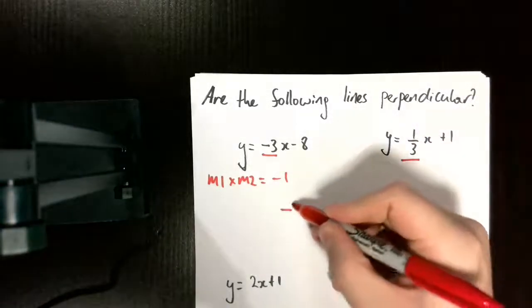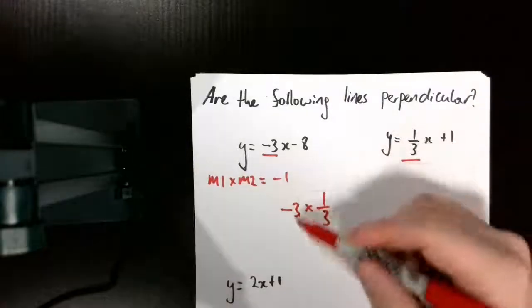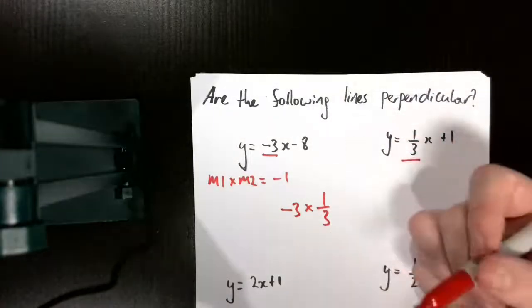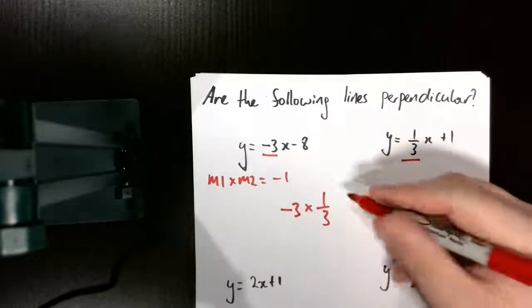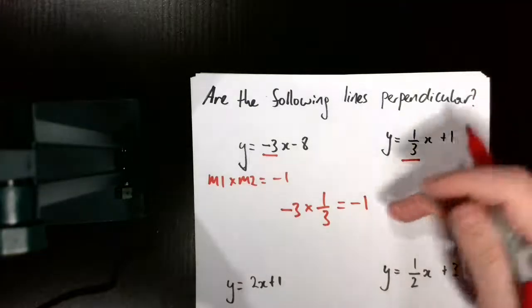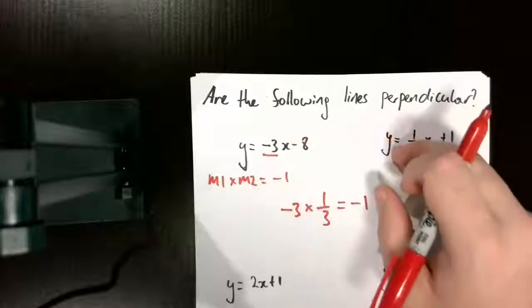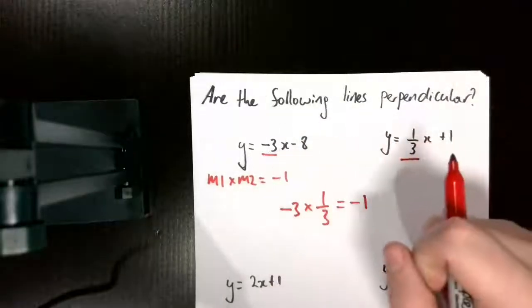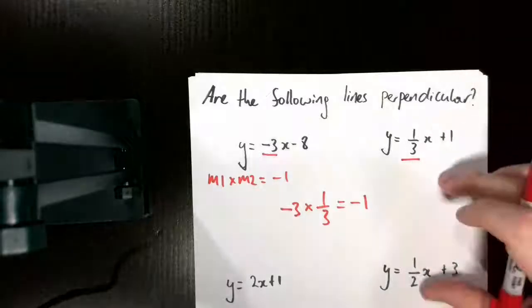That means -3 times 1/3. If we enter this in a calculator, or we can do this in our heads, we will find out the answer to be -1. So our answer to this question, are the following lines perpendicular? For these first two, they are. They are indeed perpendicular because if we multiply their gradients, we end up with -1.